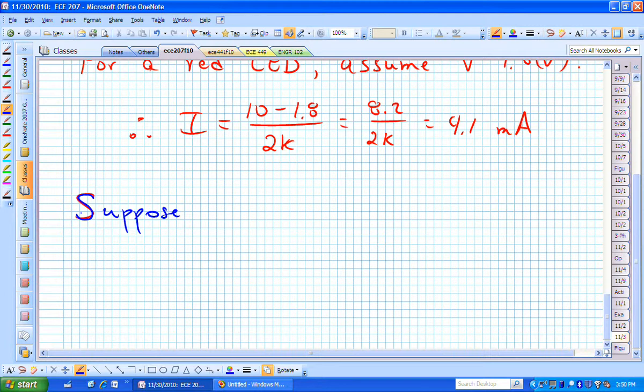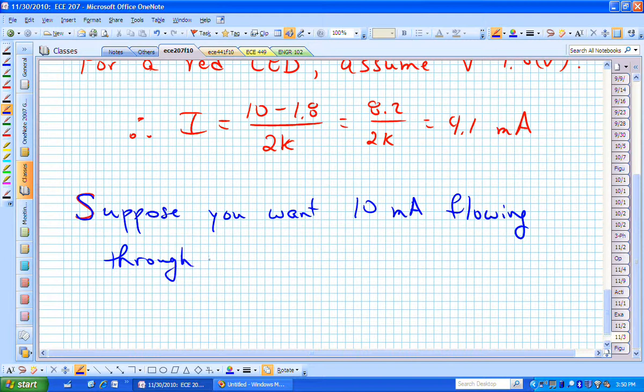Let's suppose now you want 10 milliamps going through that LED and not the 4.1. The reason that you might want more current flowing is to make that LED illuminate a little bit brighter.